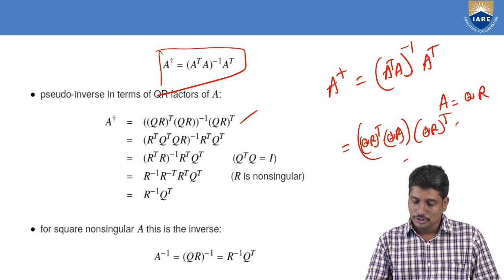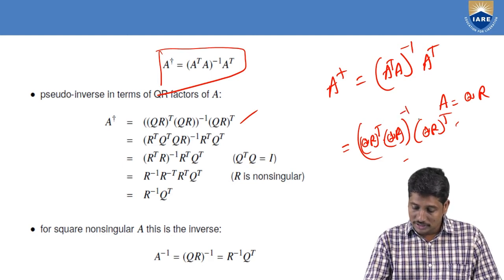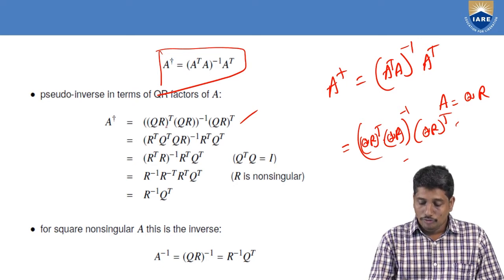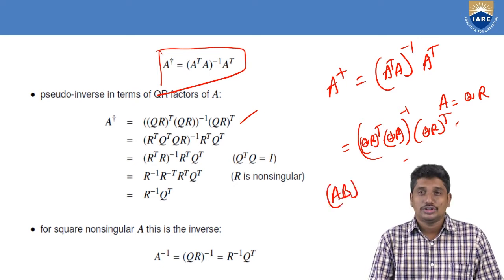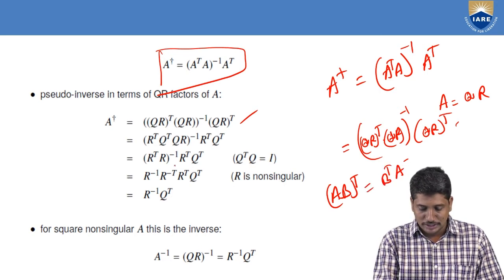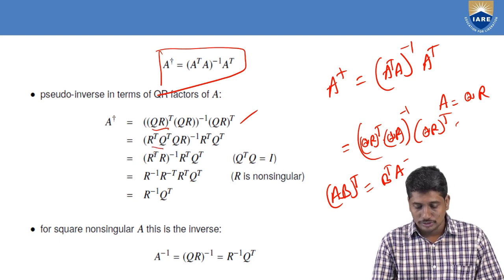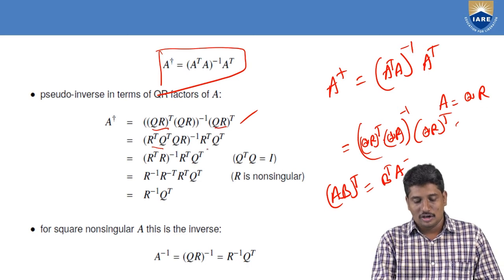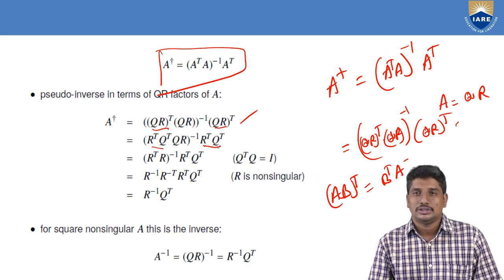(QR) whole transpose into QR, whole inverse, into (QR) whole transpose. That is what we have written. Now, we know (AB) whole transpose is always equal to B transpose into A transpose. That is why (QR) whole transpose becomes R transpose Q transpose.